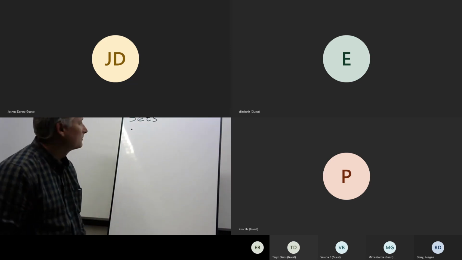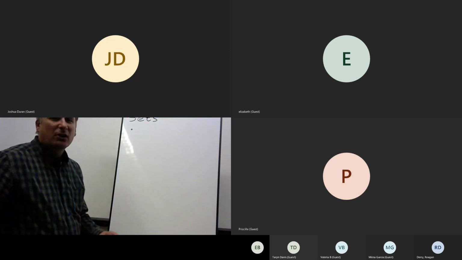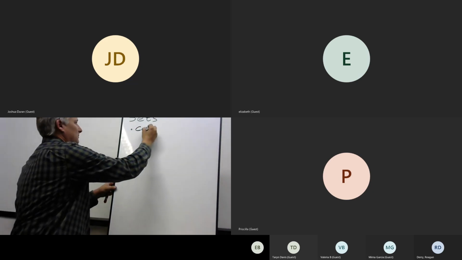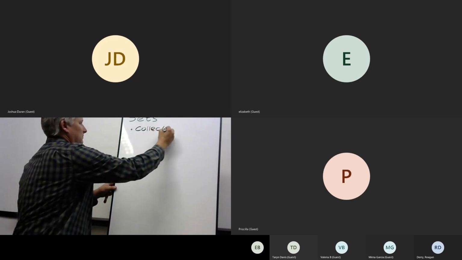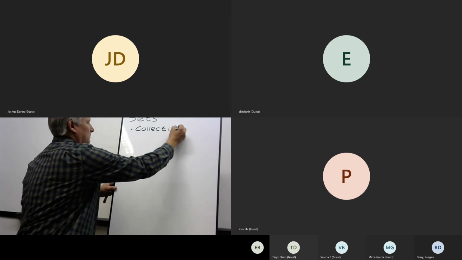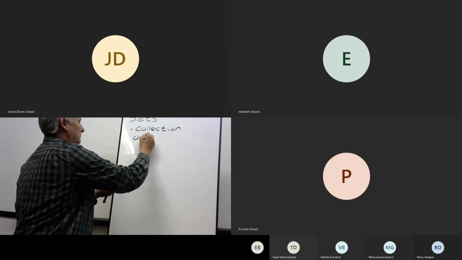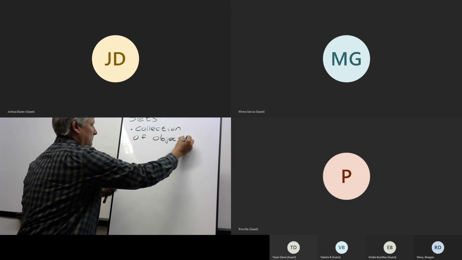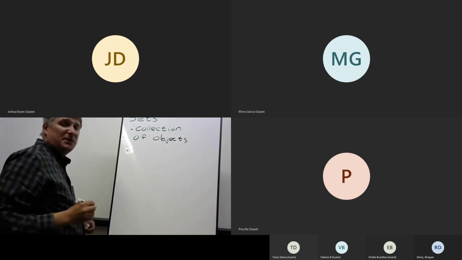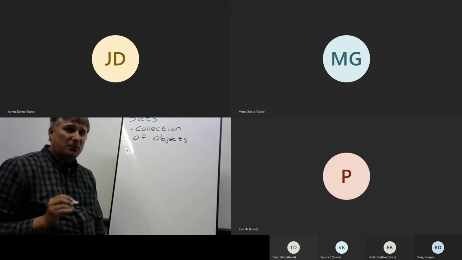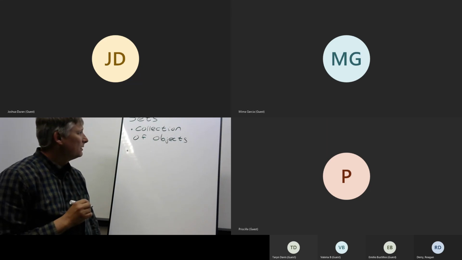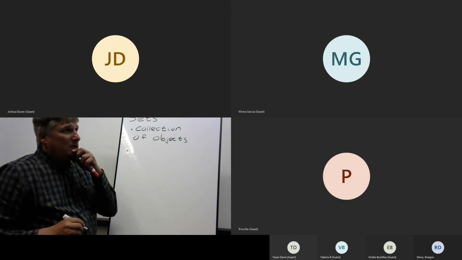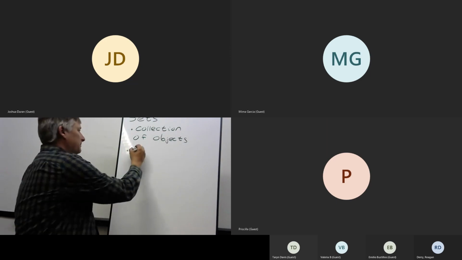So sets. Sets are a collection of objects. Now this is new. If you took Math 097, you didn't see this before. Now a key thing about these sets, they don't have repeats.